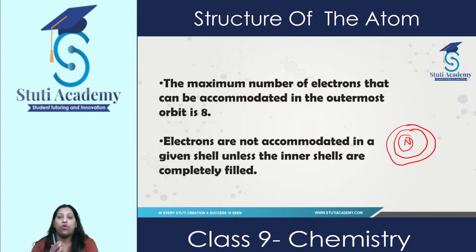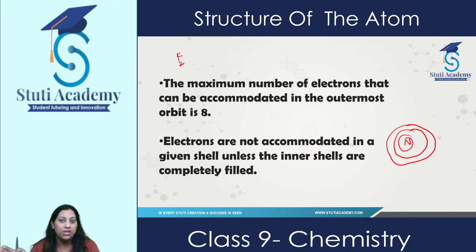If an atom wants stability in nature, then there are certain rules, and those rules which were given by Bohr are: first, the outermost shell should be K and it has 2 electrons. Then it attains inert gas configuration.